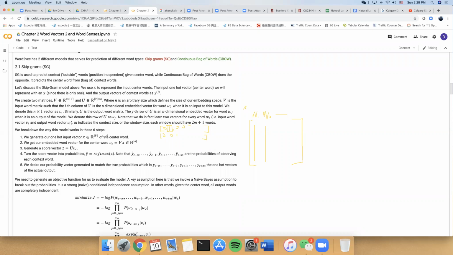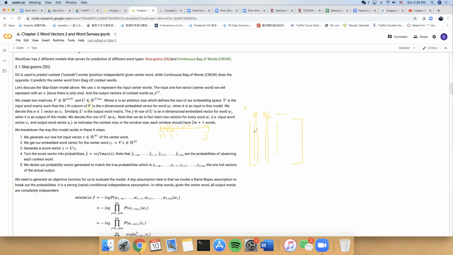Second, we get our embedded word vector for the center word, which is V times x. So we have this input word matrix and multiply it by this vector. Think about it this way: if we multiply this with this matrix, what can we get?